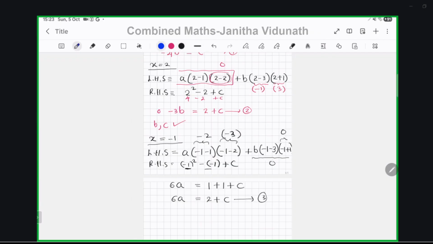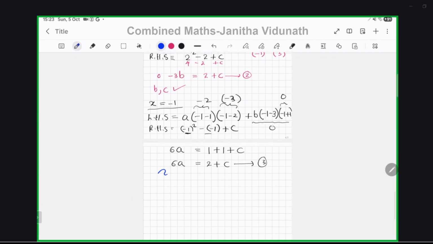Now we have three variables, that are a, b and c. Also we have three equations: equation 1, equation 2 and equation 3. That means we have three variables and we have the same number of equations.